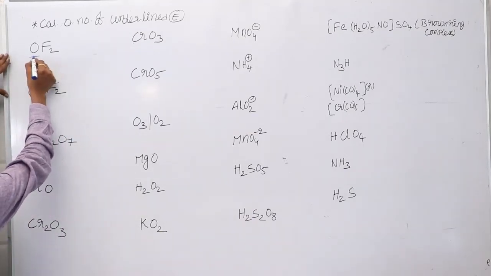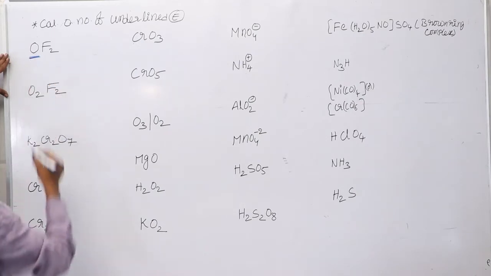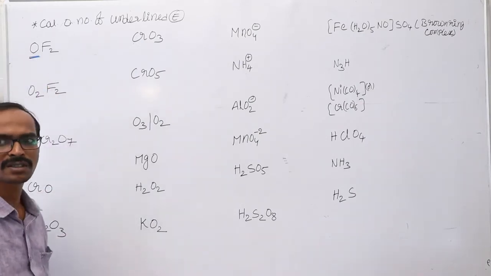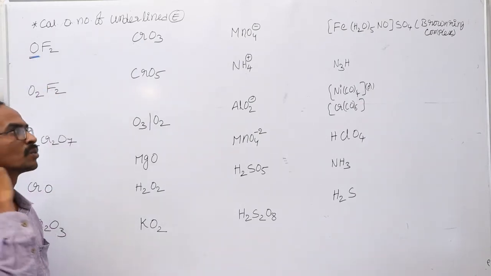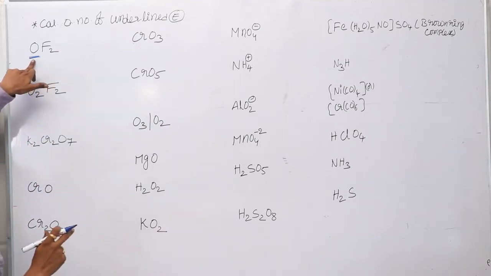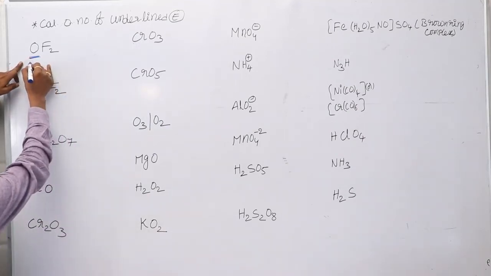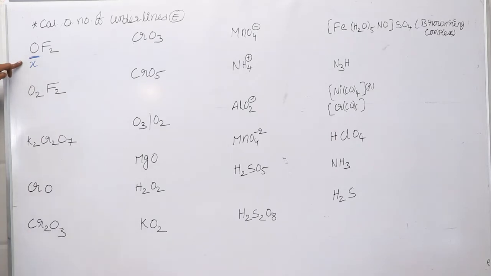In this, he asked you to calculate the oxidation number of the oxygen atom. I don't know the oxidation number of oxygen, so I assumed it as X. I told you the oxidation number of fluorine is always -1.